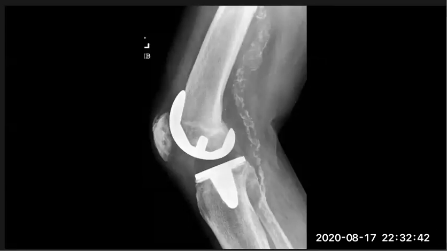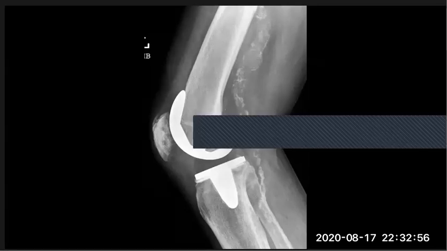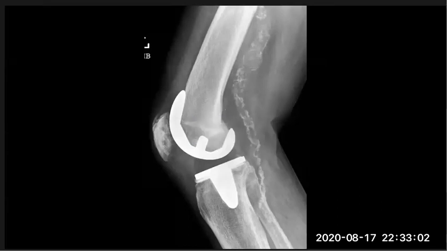More description on the popliteal artery calcification in this case. Where is the calcification? Is it associated with aneurysm or not?